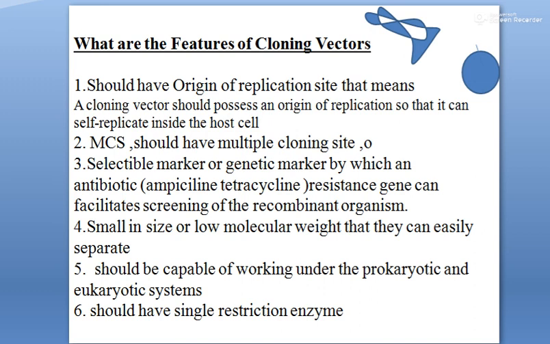Whether it has two or more than two, it is more complicated, right? More than one restriction endonuclease can cut the cloning vector into different fragments. That is not required, so it should have a single restriction site.